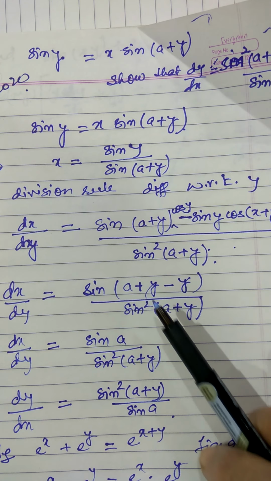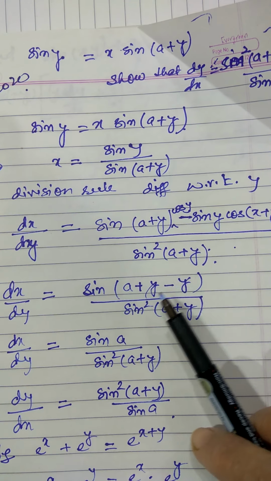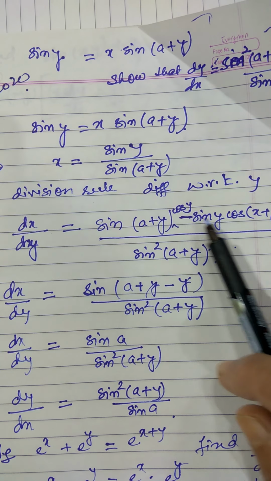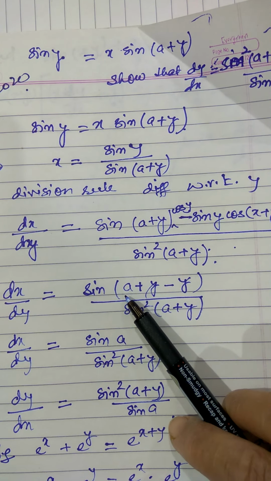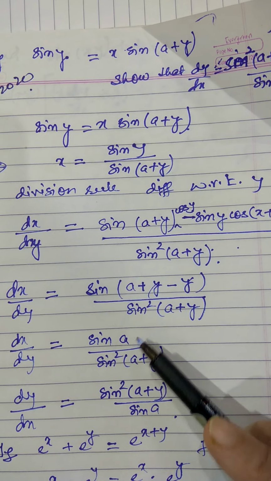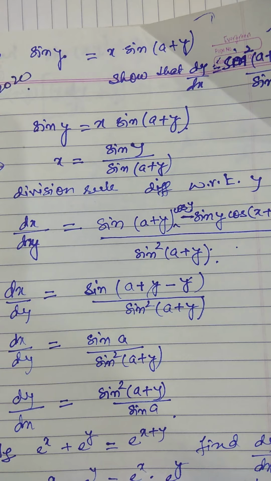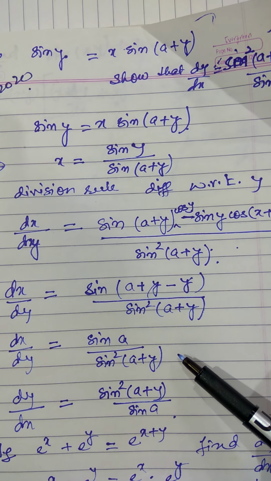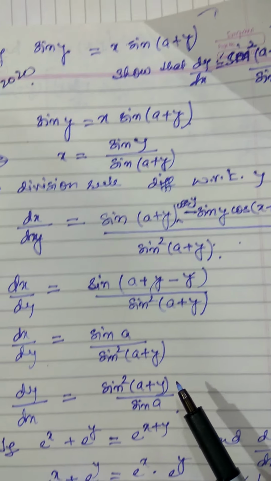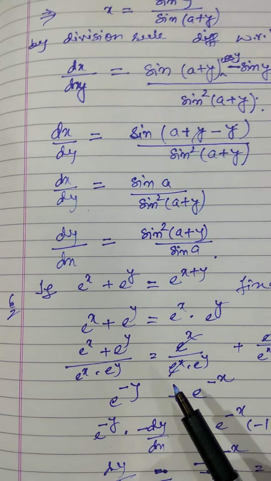Now dx/dy, this is sin(a + y). So you are getting finally, this is sin a cos b minus cos a sin b. So this is sin(a - b). So you are getting sin a upon sin²(a + y). Now this is dx/dy, reciprocate this, so you will get dy/dx.